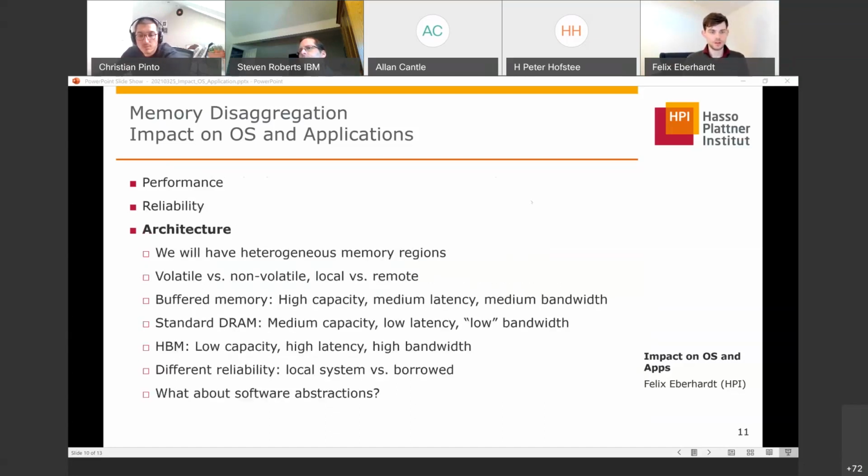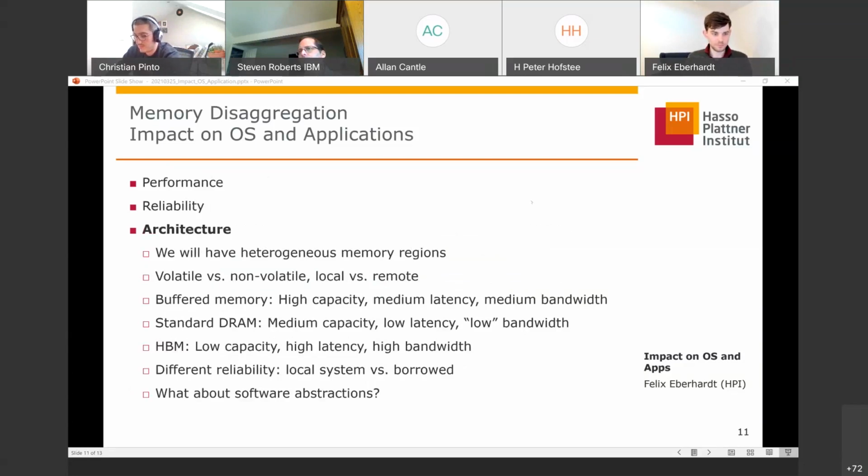Lastly, architecture. Most probably we will have heterogeneous memory regions. We have them kind of already today, right? We have, for example, volatile and non-volatile memory. We could have that in a system today. If you look at NUMA systems, you have local and remote memory.